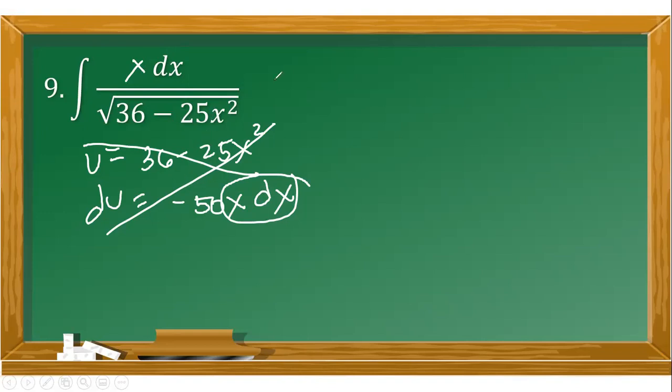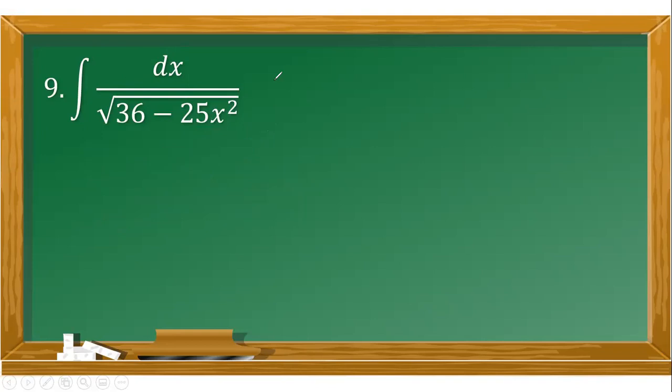If there were an x dx, then we could proceed. Okay? But if we remember, we have the integral of dx over the square root of a squared minus x squared. Okay?